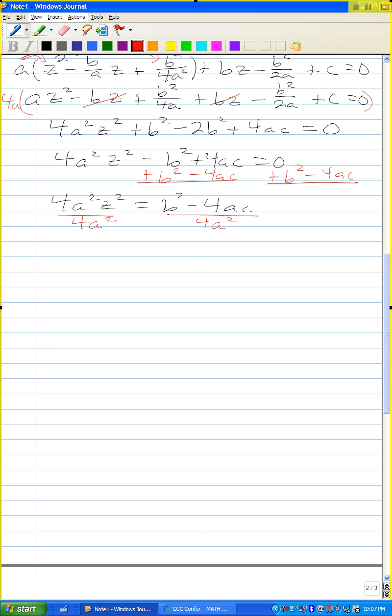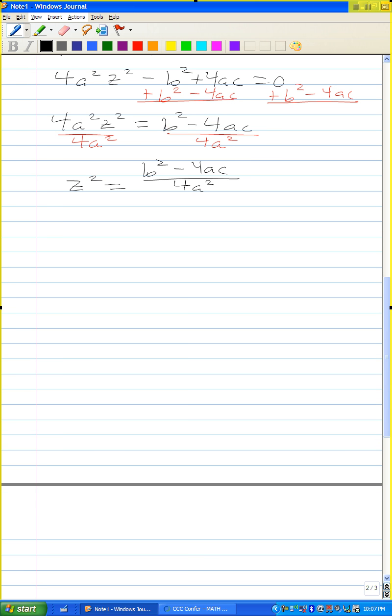And so I get z squared equals b squared minus 4ac all over 4a squared. And so by the square root property, I get that z equals plus or minus the square root of b squared minus 4ac over 4a squared.